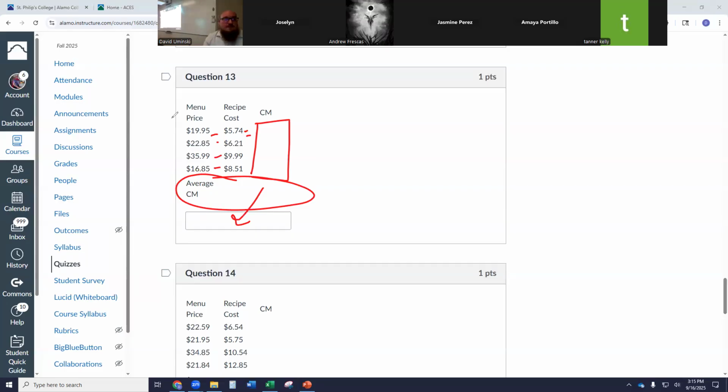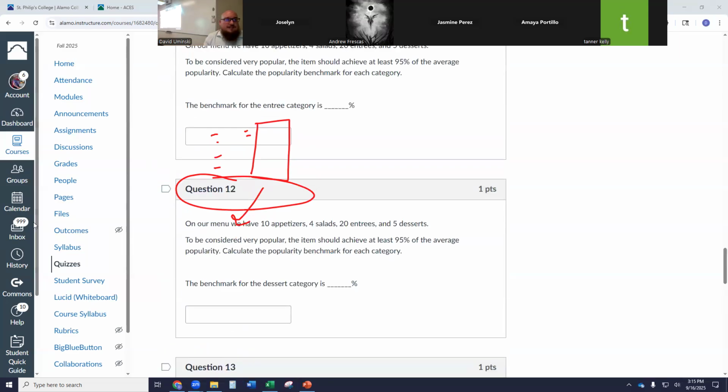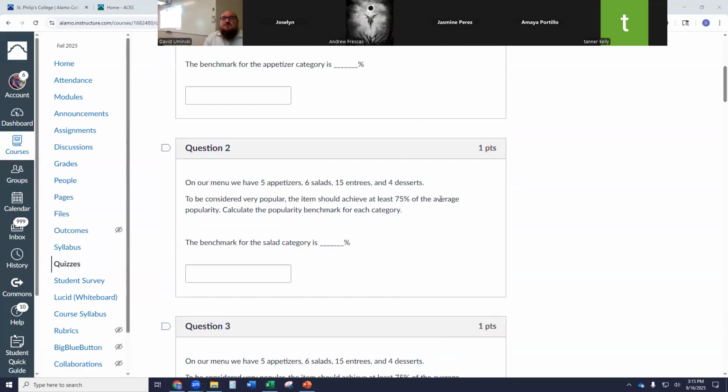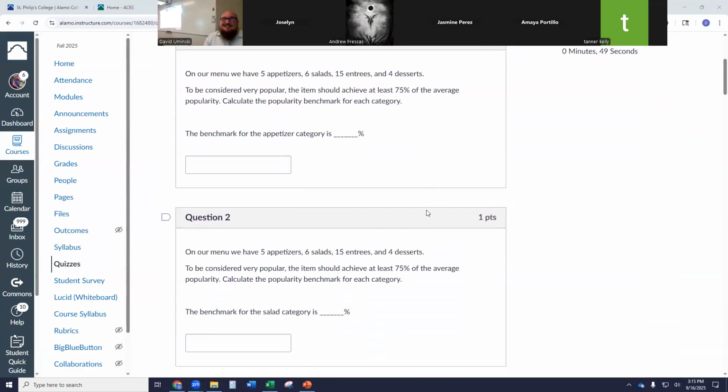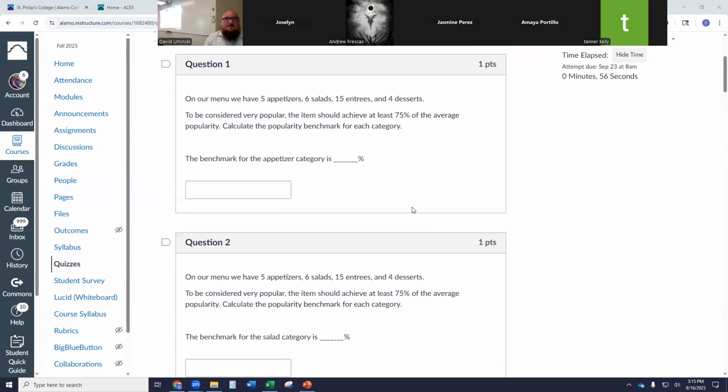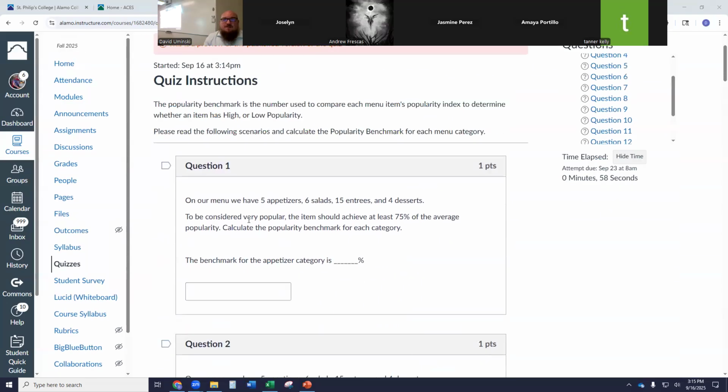Then for the popularity benchmark, questions 1, 2, 3, and 4 are basically the same question. They're just asking for a different menu category. You'll notice in questions 1 through 4, the percentage is 75.